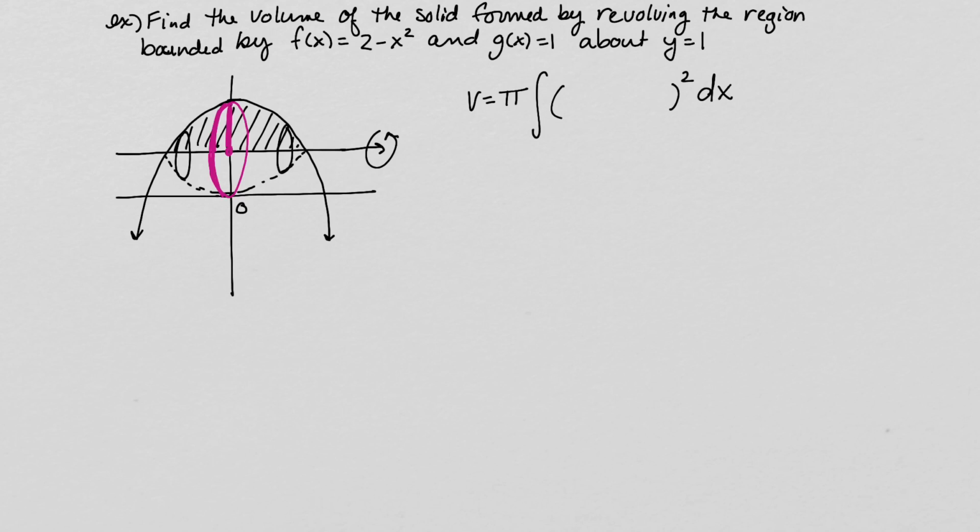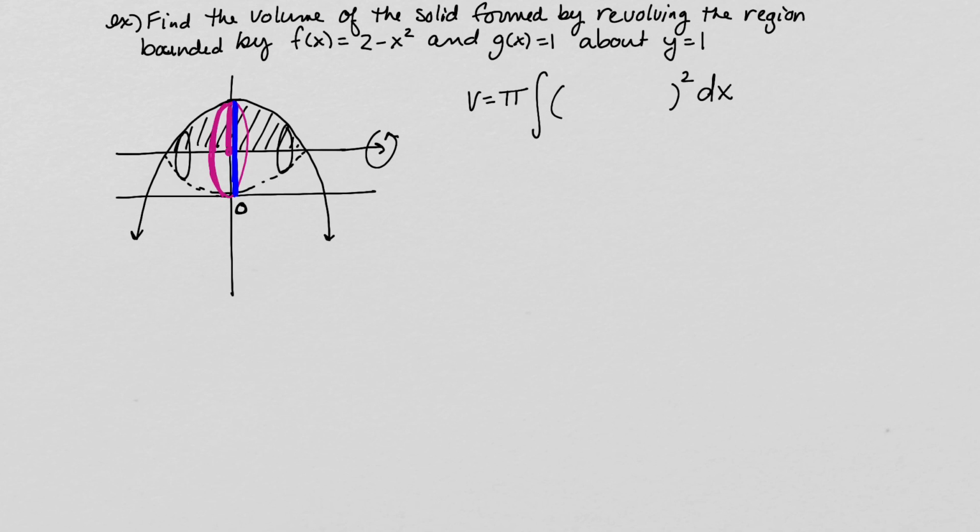We're no longer going all the way down to the x-axis. When you go all the way down to the x-axis, your radius is just the function. But the area from the curve all the way down to the x-axis is this whole part down here, and that is too much area for our radius, right?